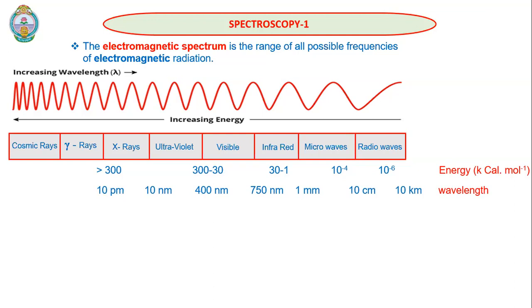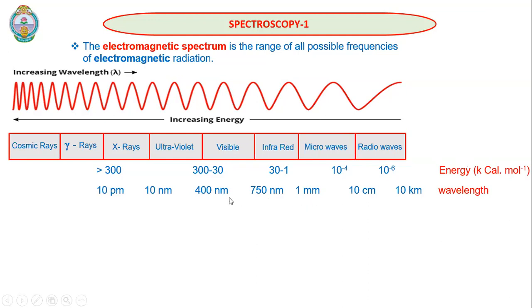Radio waves range from 10 centimeters to 10 kilometers. Of course, they are the lowest energy radiations or highest wavelength radiations. Then microwaves range from 1 millimeter to 10 centimeters. Infrared radiations range from 750 nanometers to 1 millimeter.